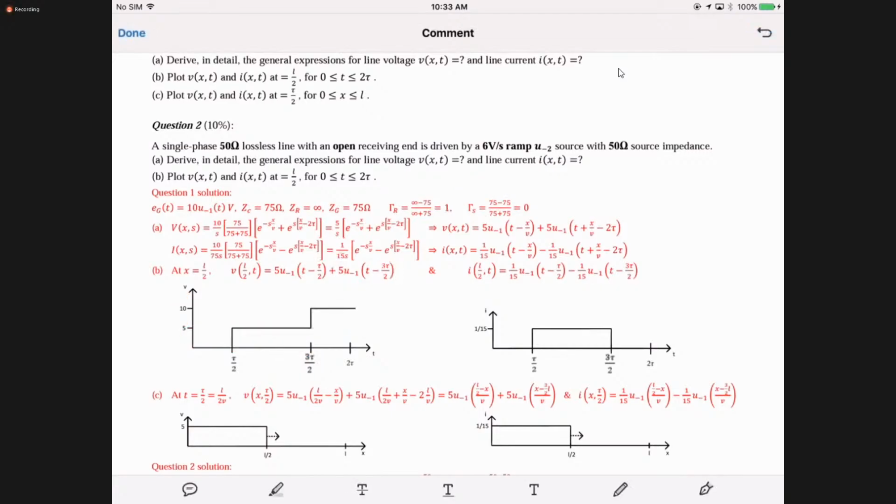So the final answer is you won't see anything until tau divided by 2 in the middle of the line. And then you see the step supposed to be continued, but it has a reflection. You add them together. This asks you to plot until here. Then you don't worry about later.